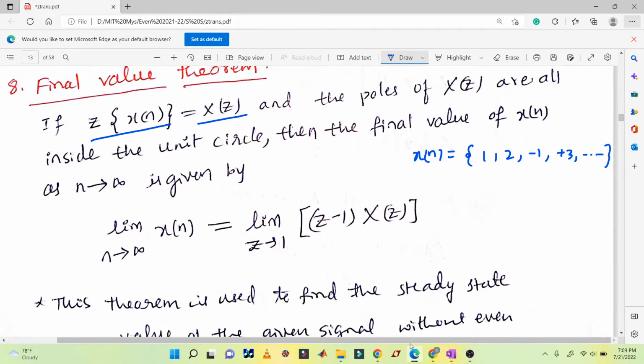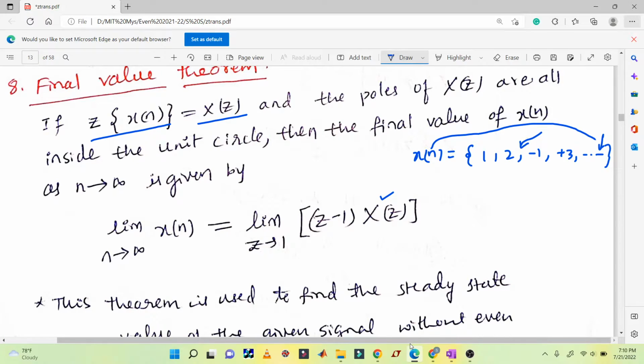Is it possible for us to determine the final value of this sequence by knowing the Z transform of this sequence? That is given by the final value theorem. It will tell us how to find the final value if we know the Z transform of a given sequence.